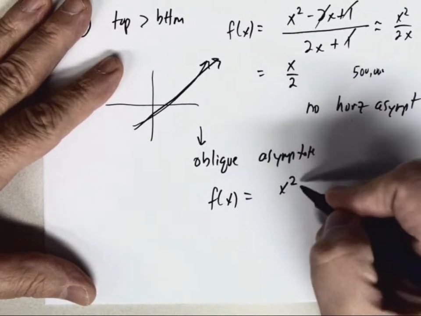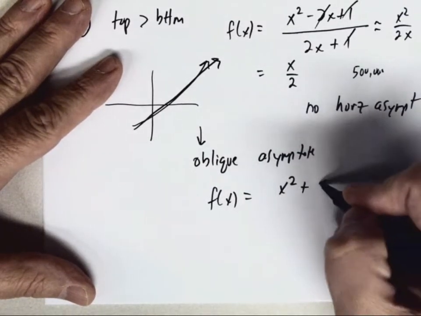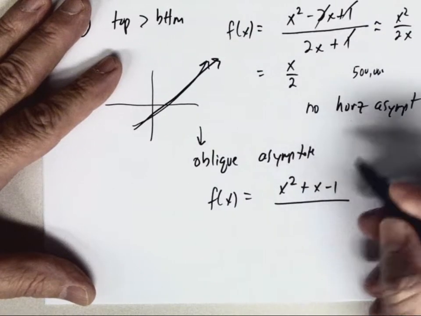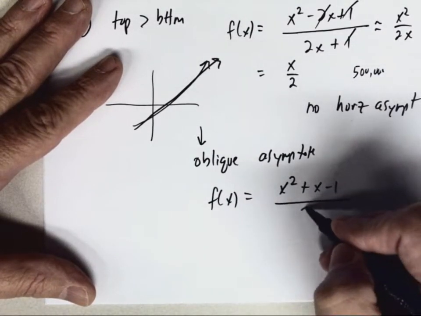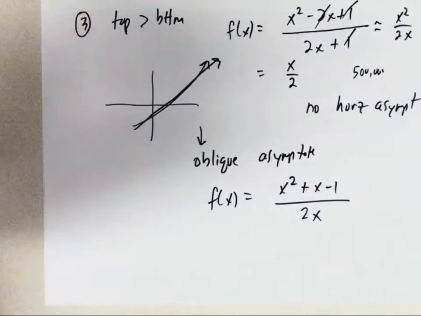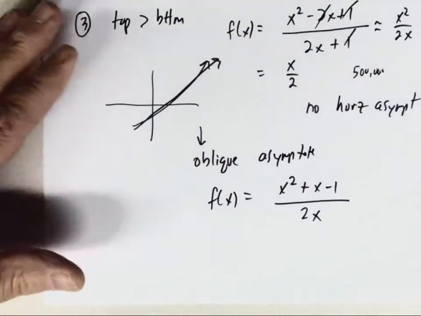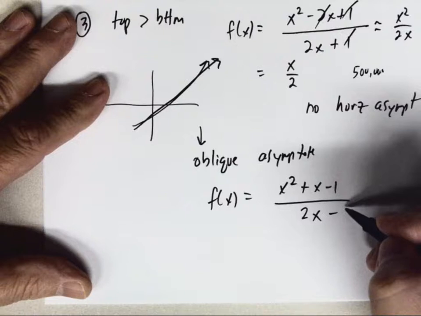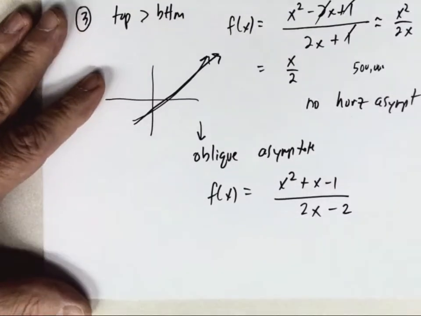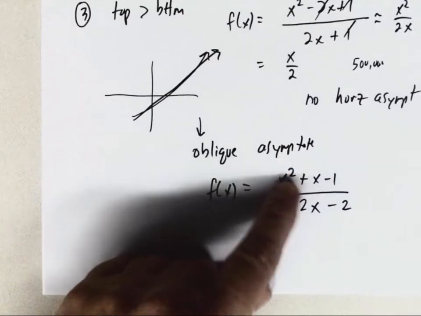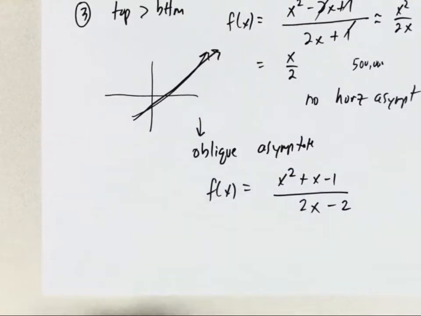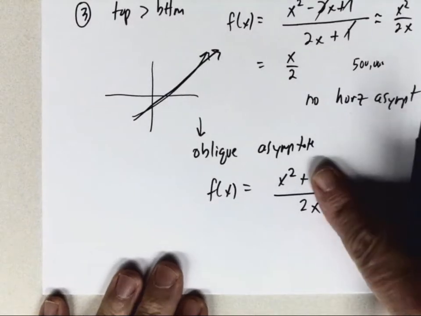Say we had this. We notice the top is bigger than the bottom, so we know right away there's no horizontal asymptote, because once again, all we care about is the leading terms.